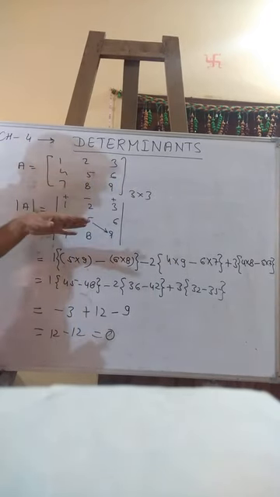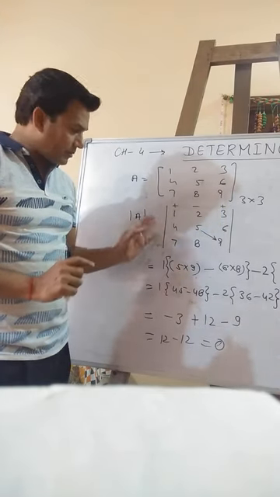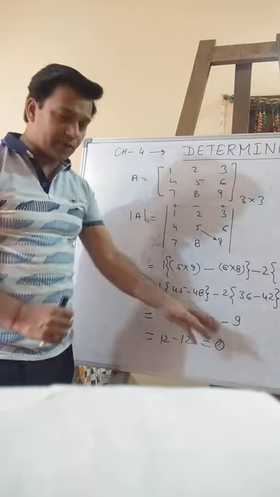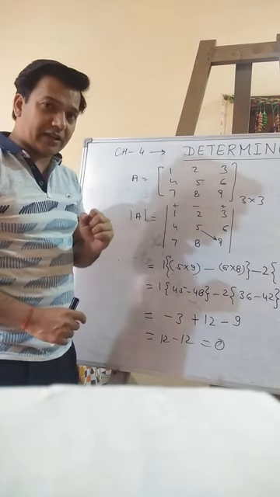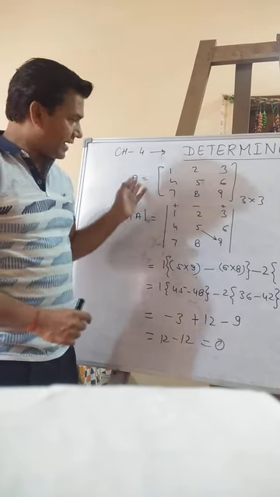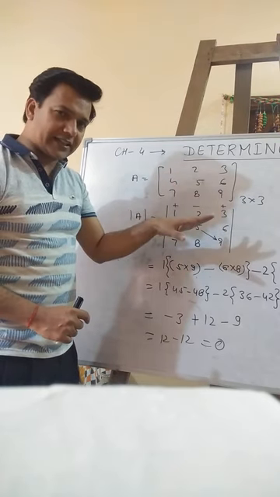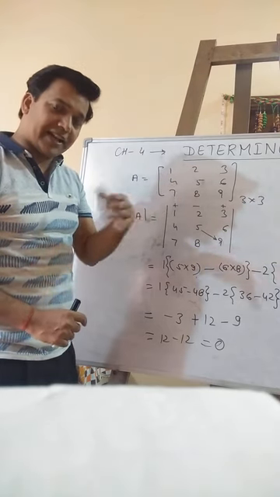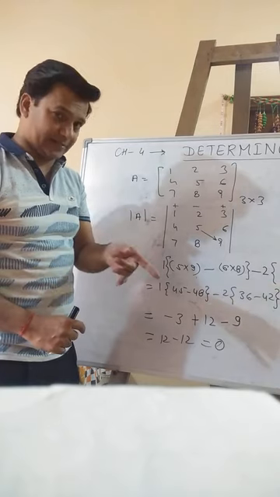If it is 3 by 3, it stays written as 3 by 3, and 2 by 2 stays 2 by 2, but a determinant can be expanded to get a numeric value. So this is the first difference: a determinant has a numeric value and can be expanded, whereas a matrix can be 2 by 2, 2 by 3, 2 by 4, 3 by 3, square or any other type, but has no expansion.